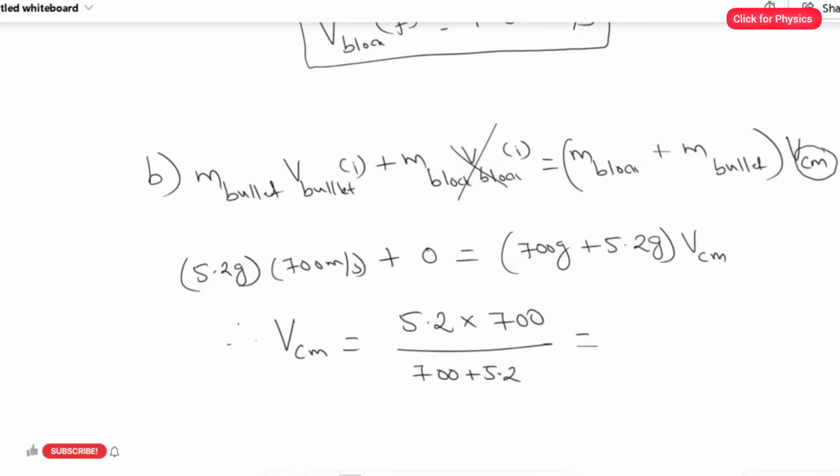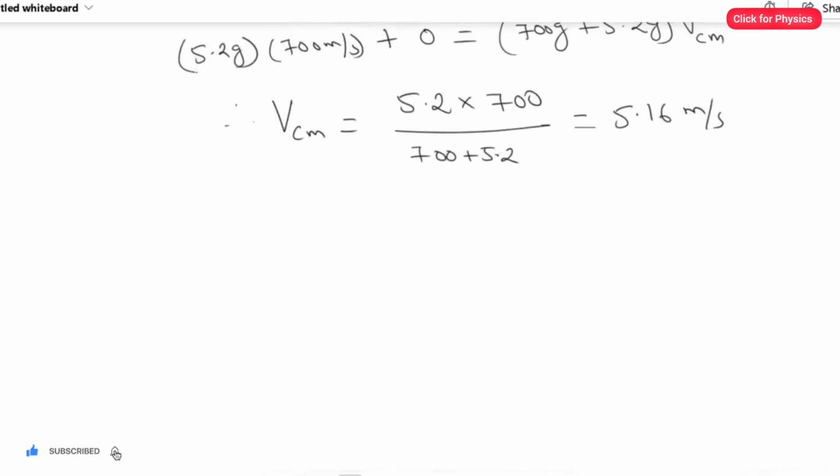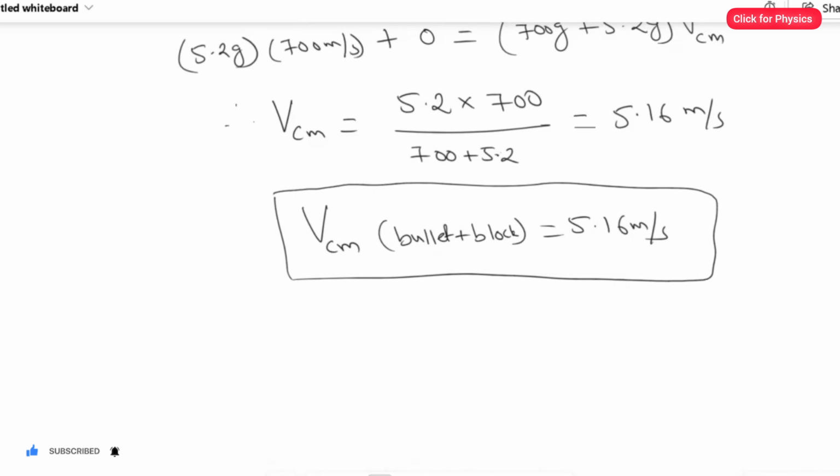We got the answer as 5.16 meters per second. So the speed of the center of mass for the bullet plus block system is 5.16 meters per second, and this is the answer for part B. That's it. Thank you.